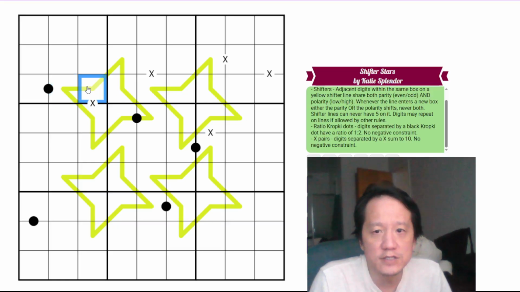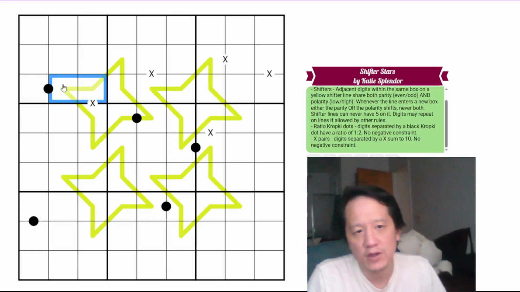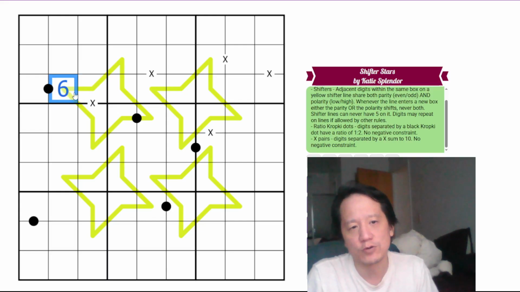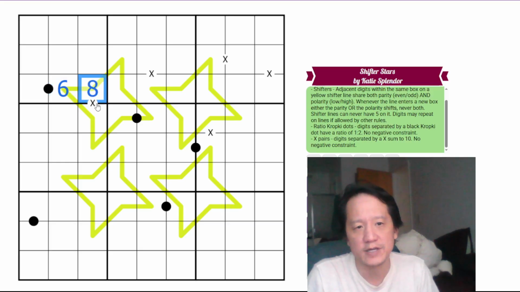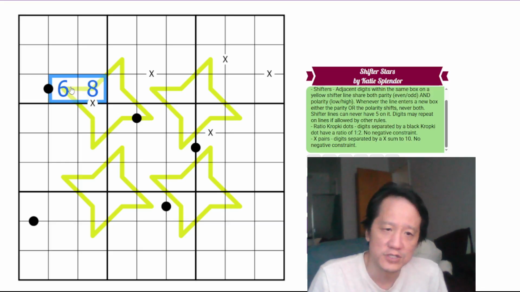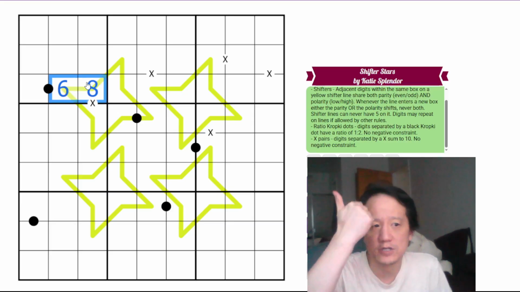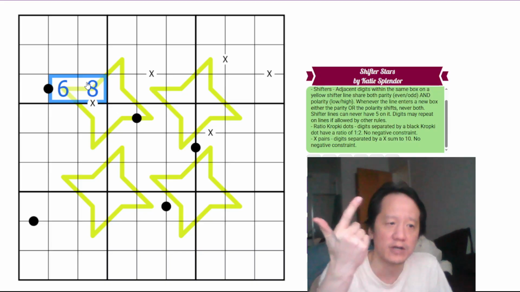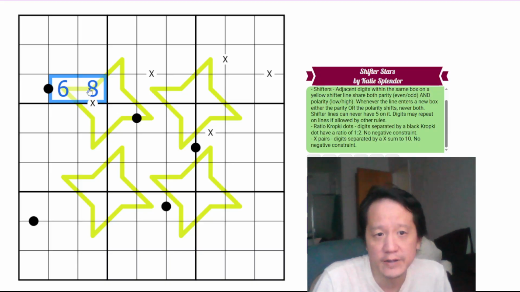So adjacent digits within the same box on the left yellow shifter line share both parity and polarity. For example, if this were a 6, this would have to be an 8 because these two digits must share the same parity, they're both even, and the same polarity, they're both high.